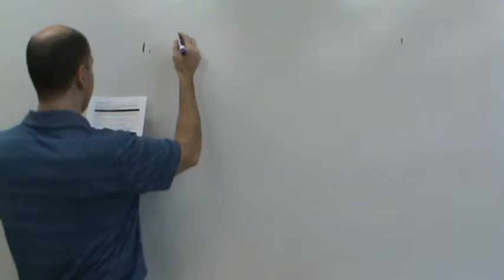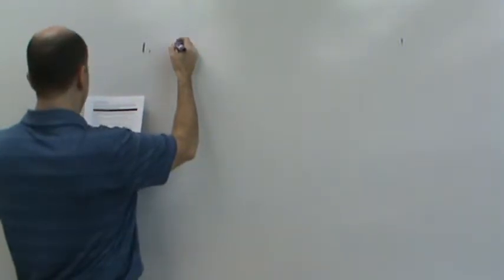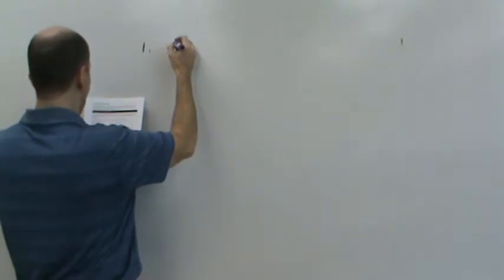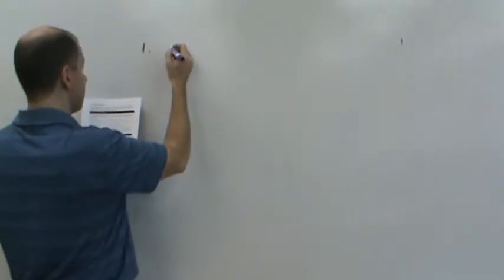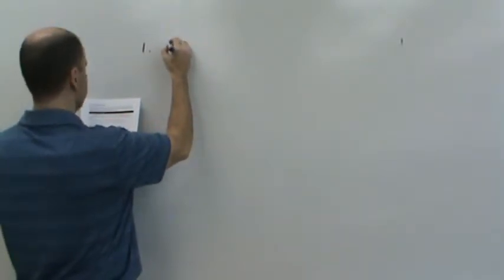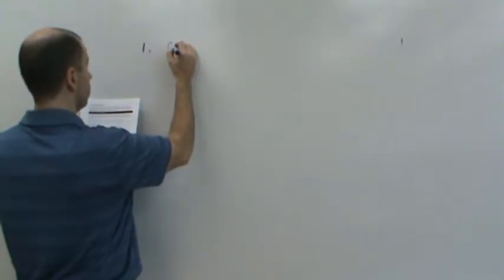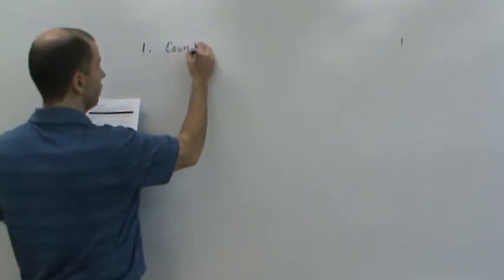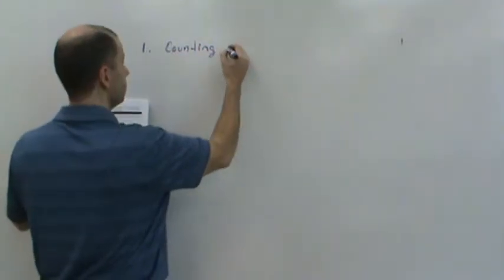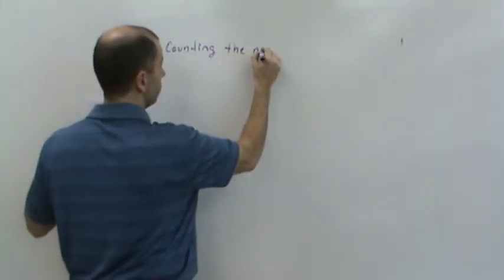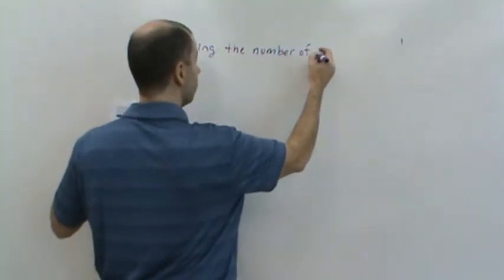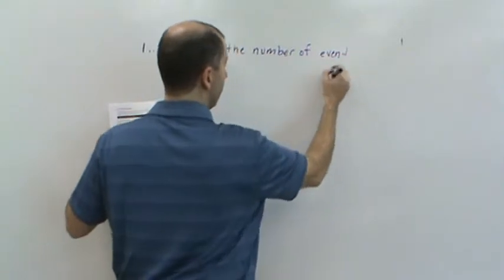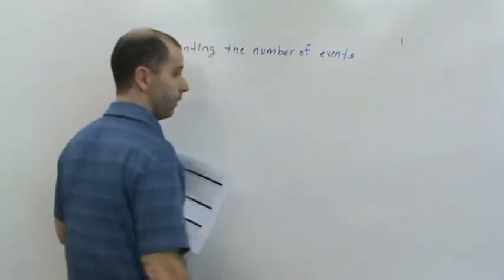We're counting the number of events, in a fixed interval of time or space, with a known average rate and independently of the time since the last event.